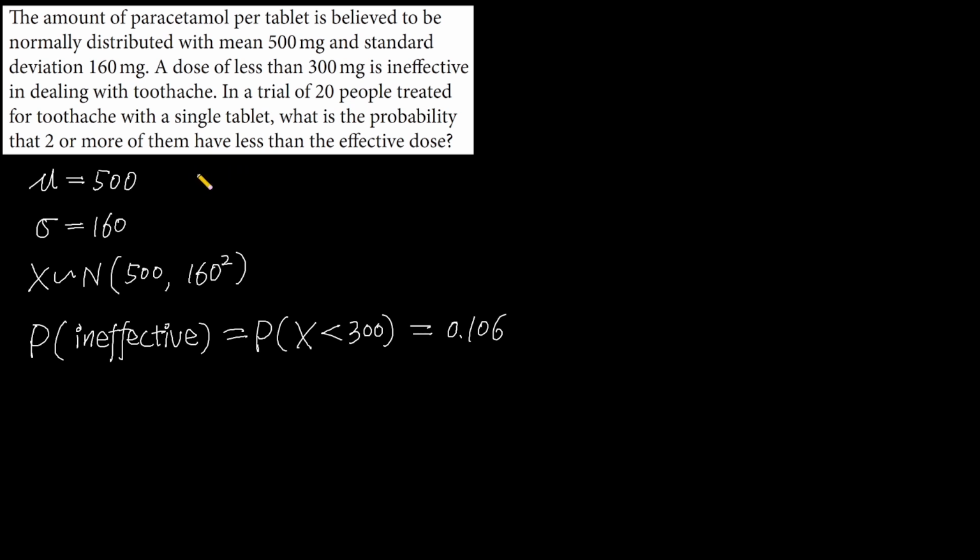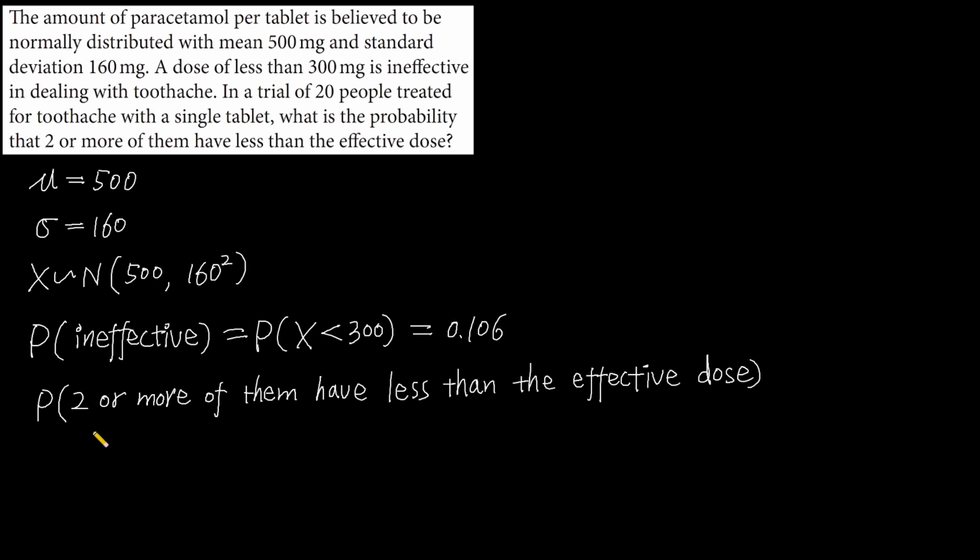And it asks, in a trial of 20 people treated for toothache with a single tablet, what is the probability that two or more of them have less than the effective dose? So this has many cases.